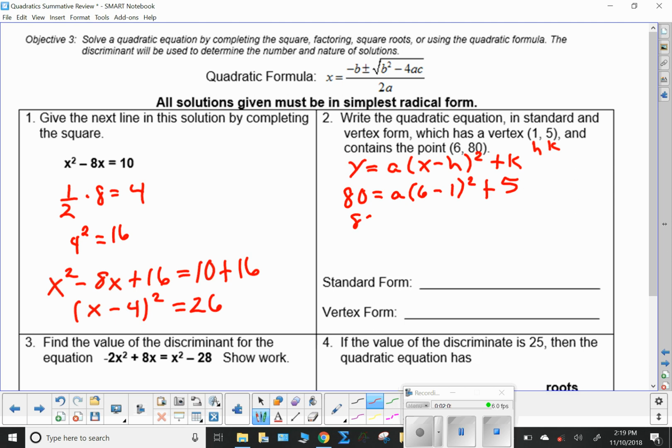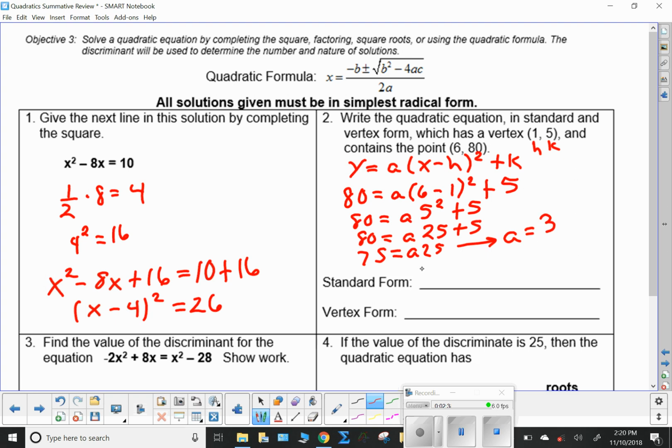Then we have a 6 minus 1 is 5 squared plus 5. 80 is equal to a times 25 plus 5. Subtract 5. 75 is equal to a times 25. This tells us that a is equal to 3.